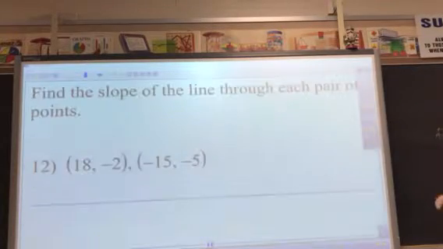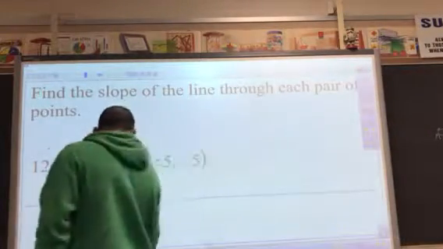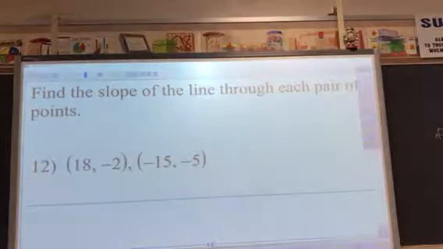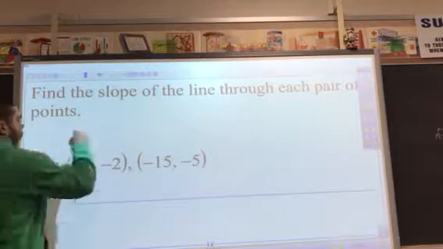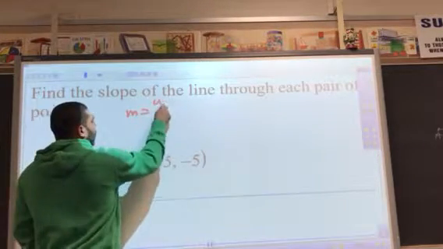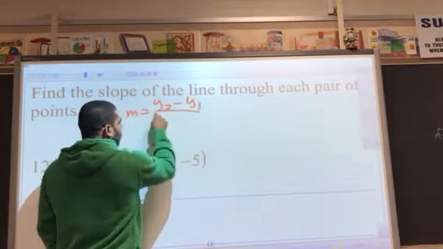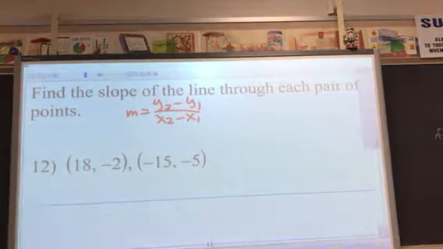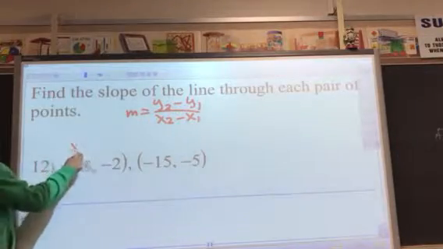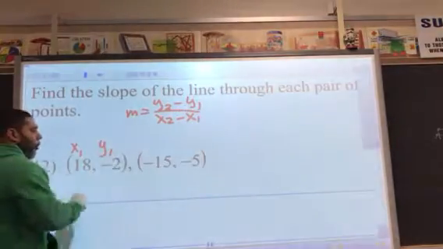All right, the last type of problem that we're going to have is from 2 points. Now, from 2 points, okay, you want to use your slope formula. And this is on the chalkboard. And the first thing I want to do is go ahead and label. So this is my first point. So that's x1, y1.